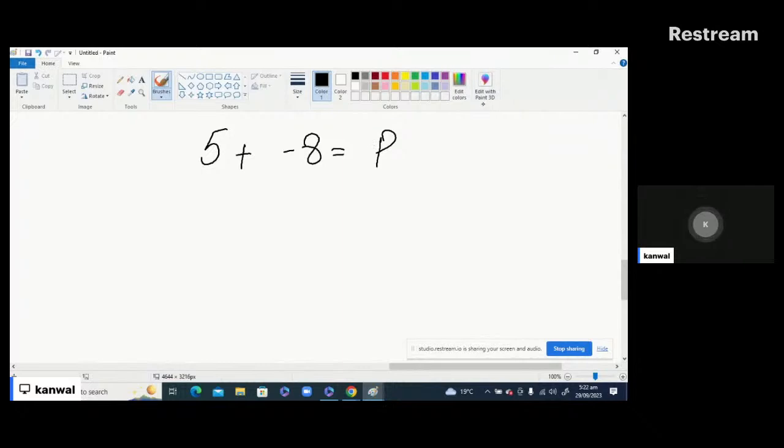First of all, you guys know the table: if there are two plus signs, that is plus. If there are two minus signs, that means plus. If there is one plus and one minus sign, that means minus. If there is one minus and one plus sign, it's also a minus. You guys remember that thing.